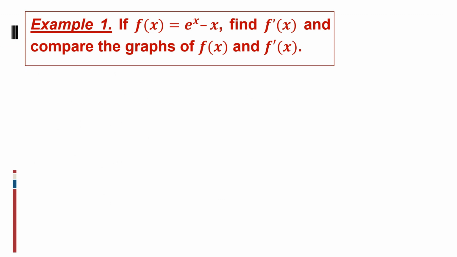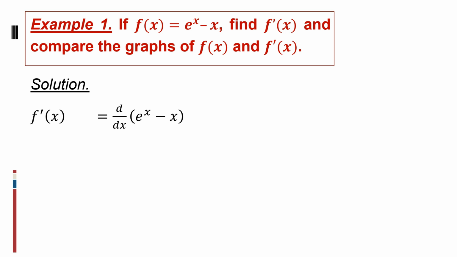Okay, let's try some examples. If f of x is equal to e raised to x minus x, find the derivative of f and compare the graphs of f of x and the derivative of f. So for our solution, f prime of x is equal to the derivative of e raised to x minus x.